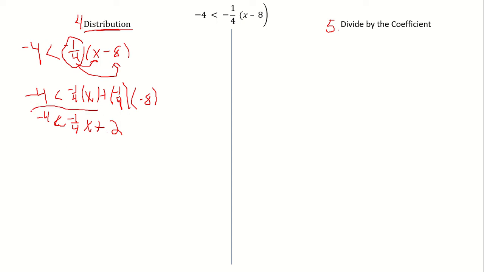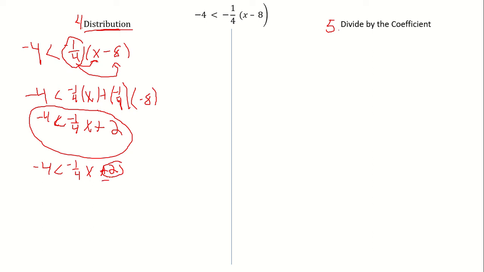So this is now in a form that we recognize. We have a variable with a coefficient and a constant, and then a solution on this side. So we're going to rewrite it: -4 less than -1/4 x plus 2. Our next step is to eliminate our constant. This right here is our constant.